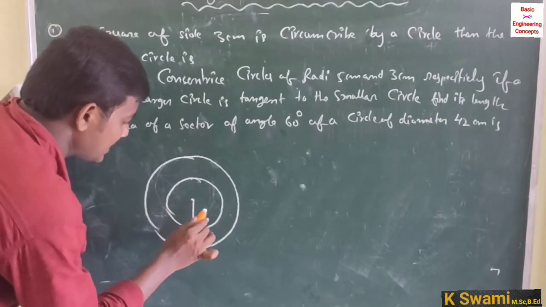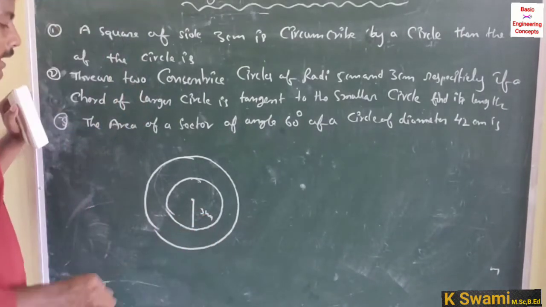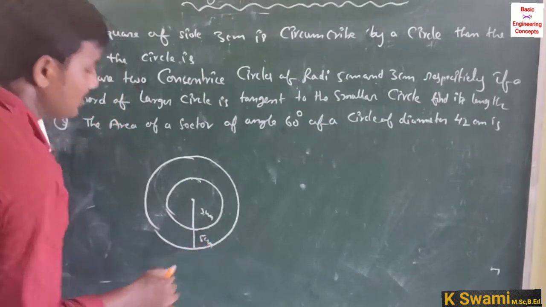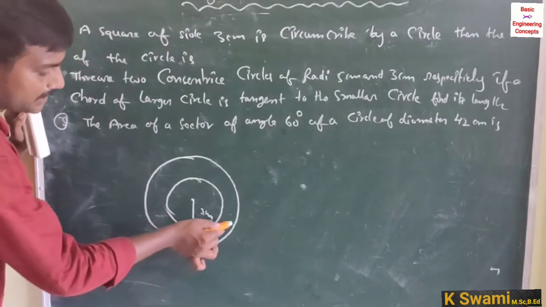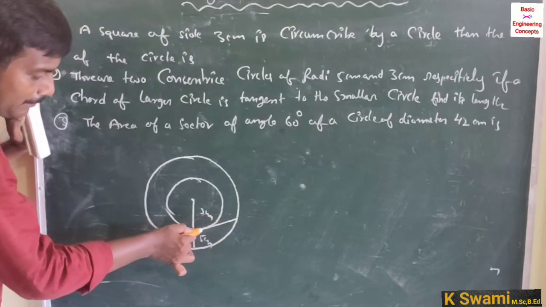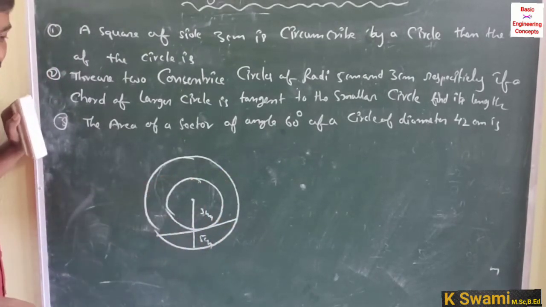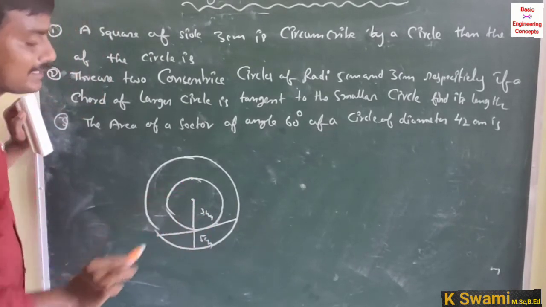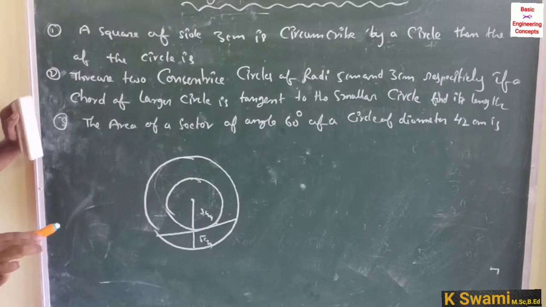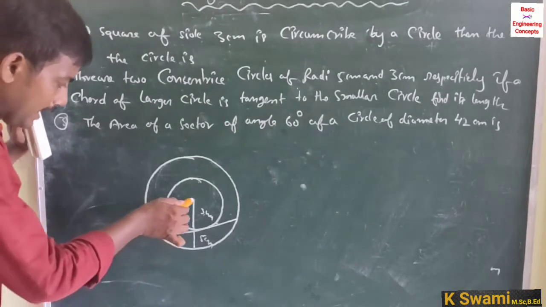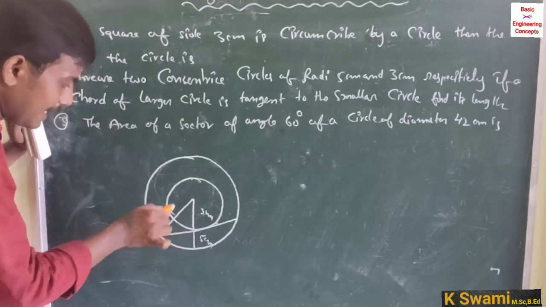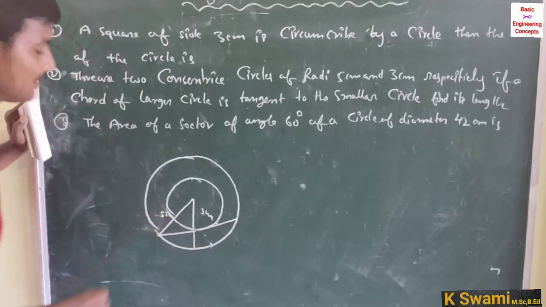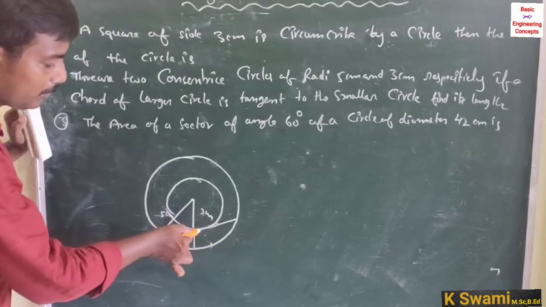So this is 3 centimeters and this is 5 centimeters. This is the chord of the bigger circle and also a tangent of the smaller circle. And it is also a radius of the bigger circle, so 5 centimeters.